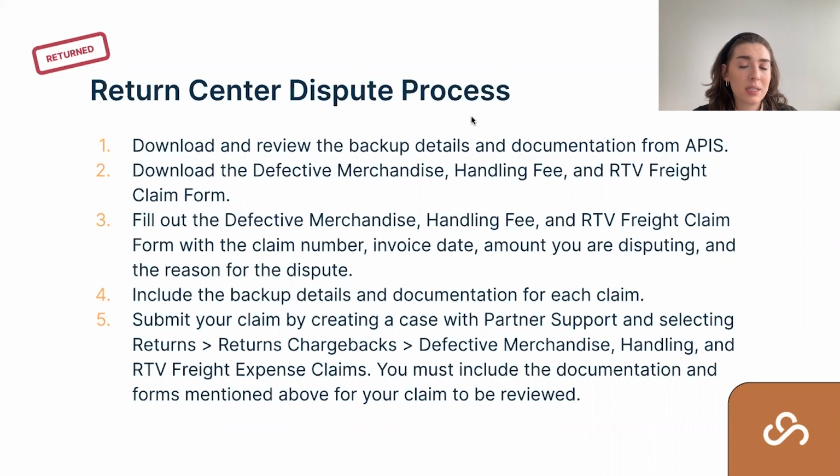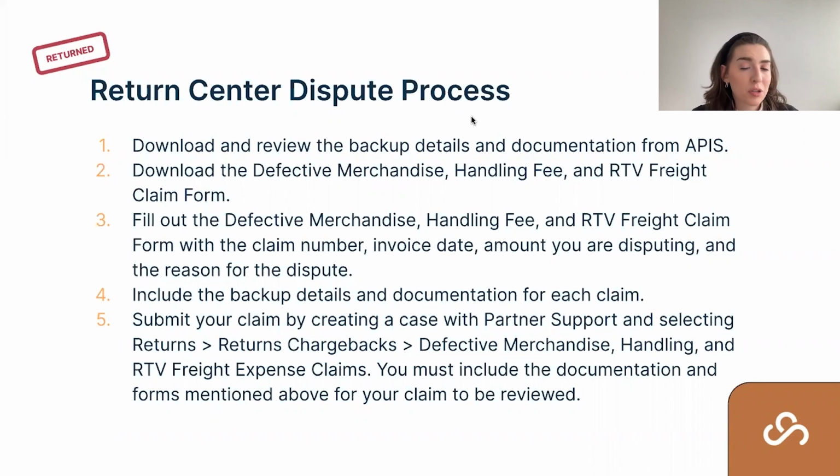Another detail I would want to call out here is the amount you're disputing. Usually we would recommend disputing the full amount. That's just because if you can get that amount of money back, great. But you can only receive what you ask for. So go ahead and ask for that full amount.